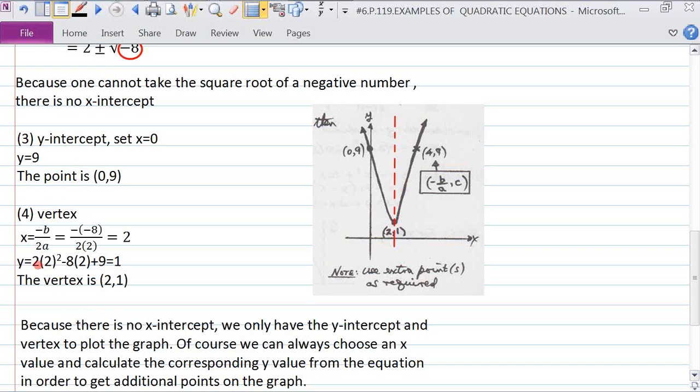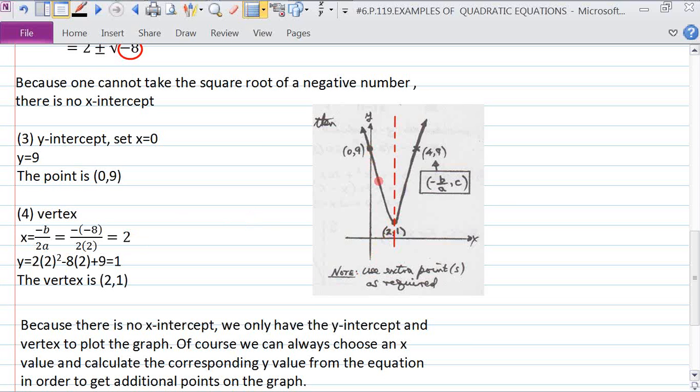I'll go over that again. Sorry. 2 squared is 4. This is 8. 8 minus 16 gives you minus 8. We add 9, we get plus 1. So the vertex is 2, 1. Here it is, the 2 and the 1.